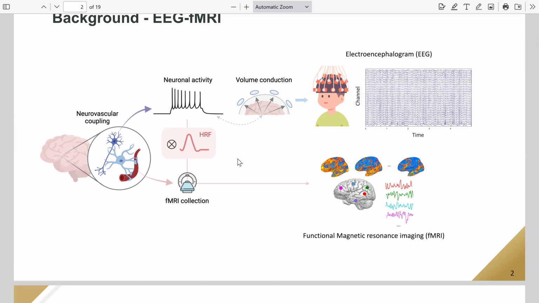There's a lot of work showing how this can be useful for measuring oscillatory behavior, and the famous alpha, beta, and gamma waves all come from EEG research. You can find them in magnetoencephalography as well, but EEG is the origin of that.